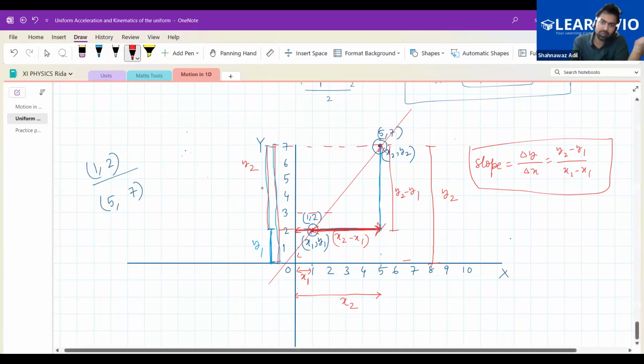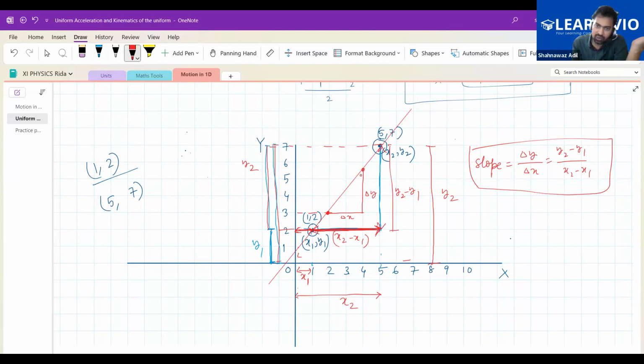We could have picked these two points also, whatever points we choose. This would be the change in x, and this would be the change in y. So this would give us the slope of the graph. Clear? Is it clear now? Yes, sir.